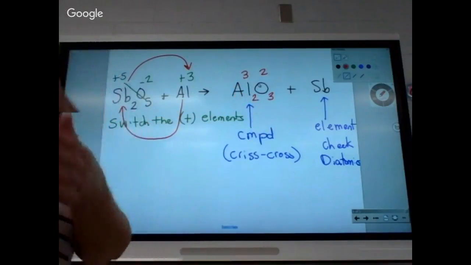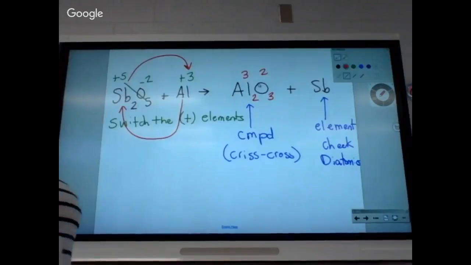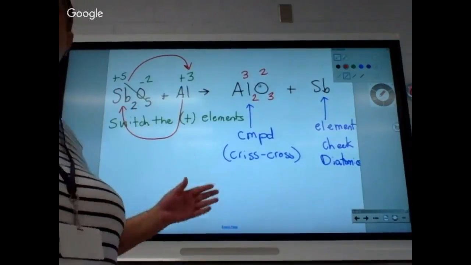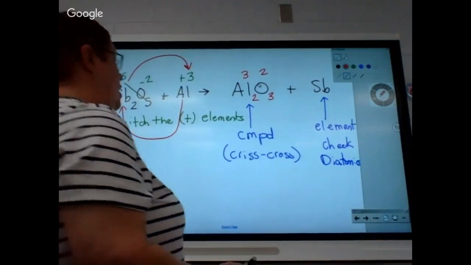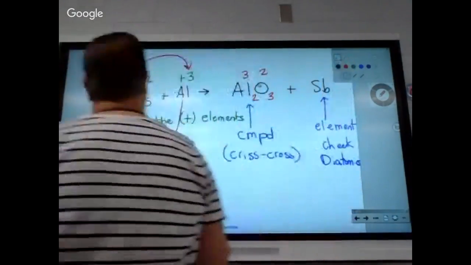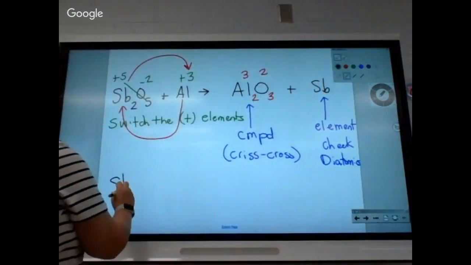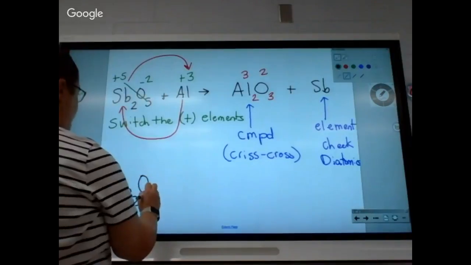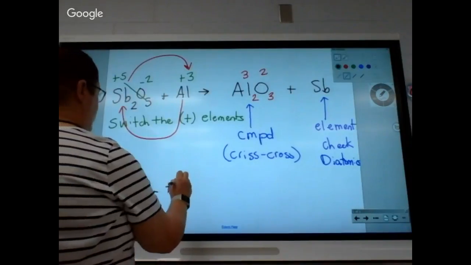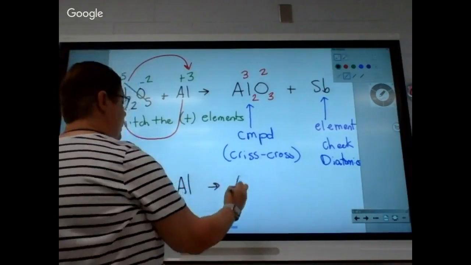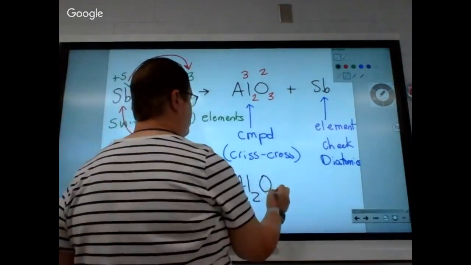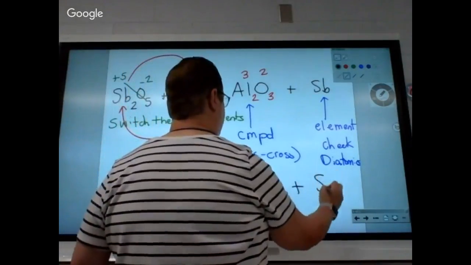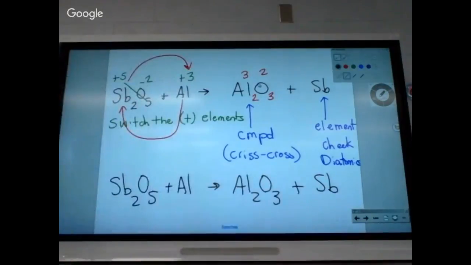Is it one of the 7 diatomics? So we do what to it? Leave it alone. Now, because I have all this junk in my equation, I need to rewrite this. So Sb2O5 plus Al gives me Al2O3 plus Sb.